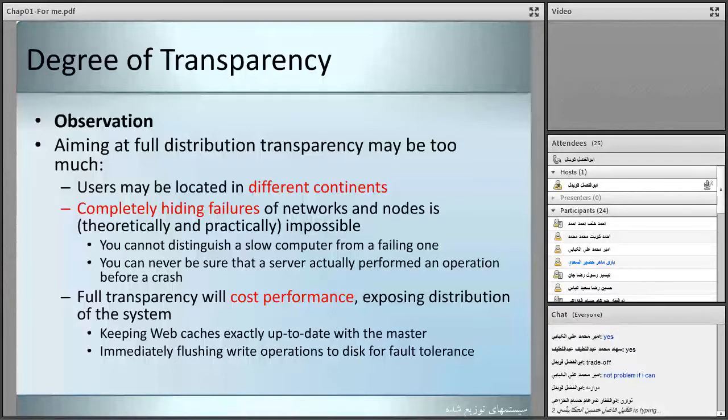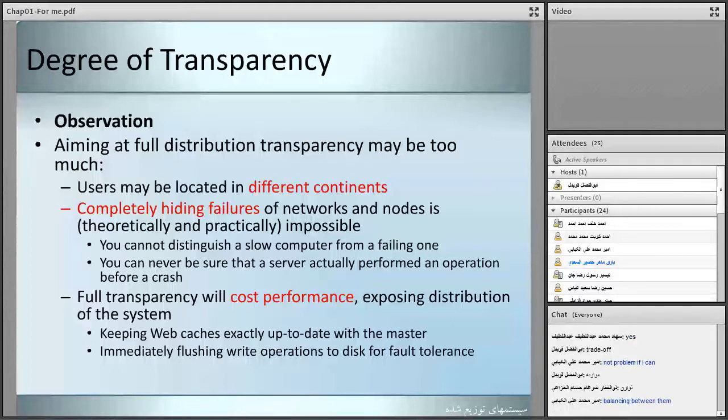It depends on the application, it depends on the system, it depends on the administrator, it depends on the users to calculate this trade-off. And there is no exact answer how much transparency we need. It depends on many things.